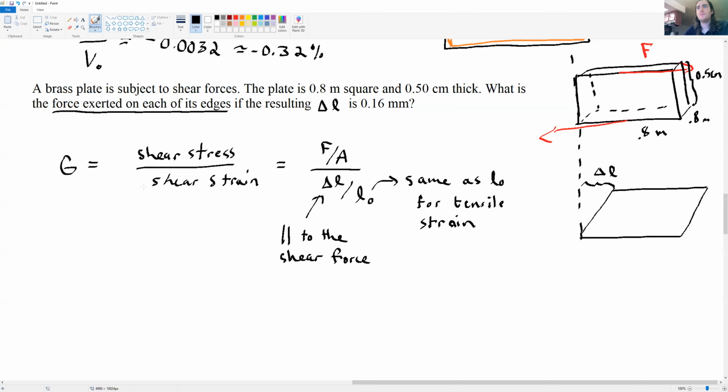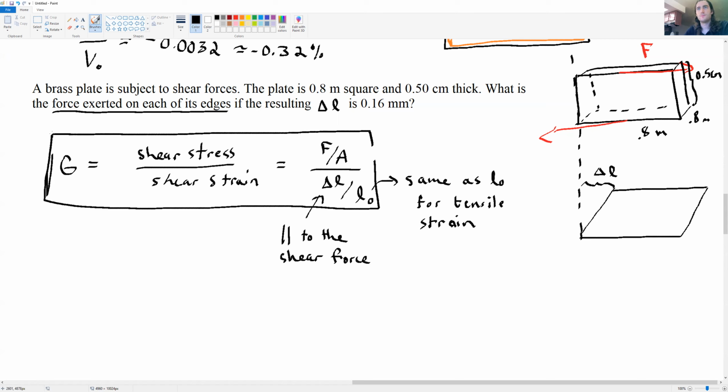Okay, you start with the equation that I kind of wrote down here. Let me share the screen again. This comes from the definition of the shear modulus.